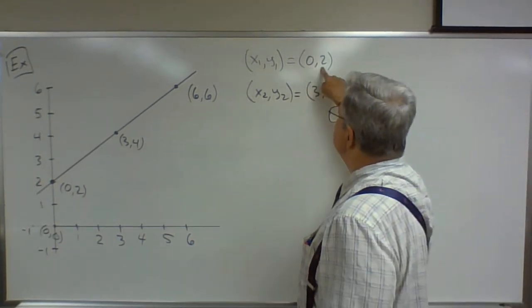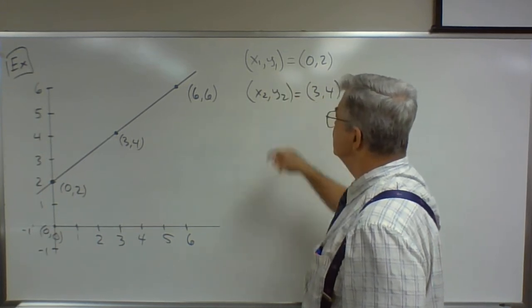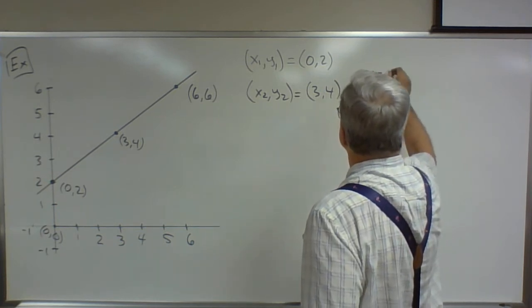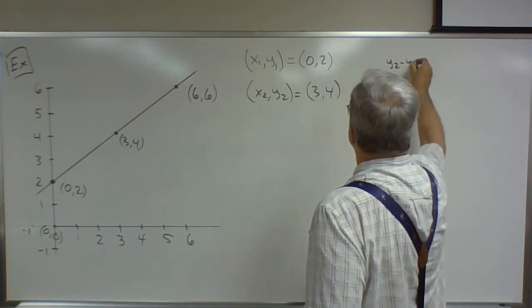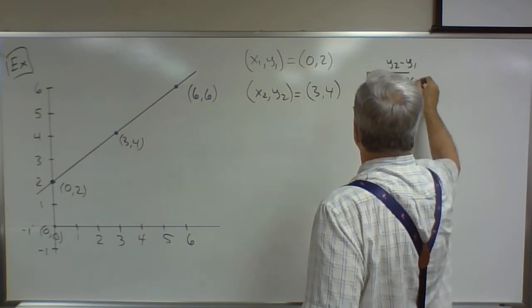And using 0, 2 for x1, y1 and 3, 4 for x2, y2, the slope M is y2 minus y1 over x2 minus x1.